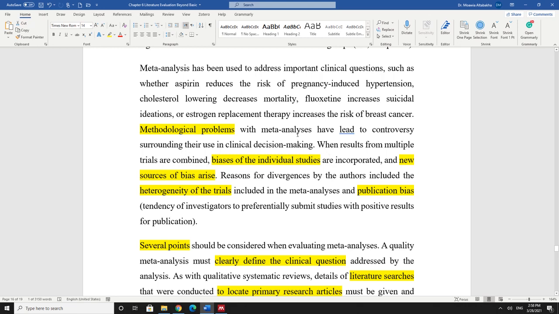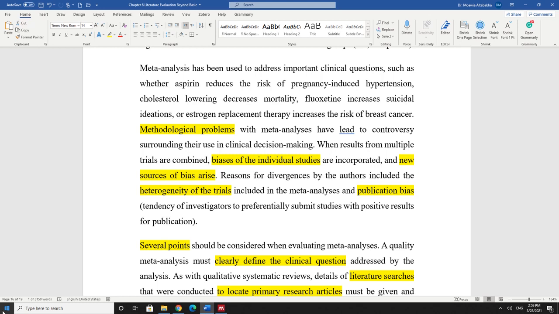Now, the main controversy about the quantitative analysis is that, when they put the results of different clinical trials together, one, there is no assurance that these trials are homogeneous.